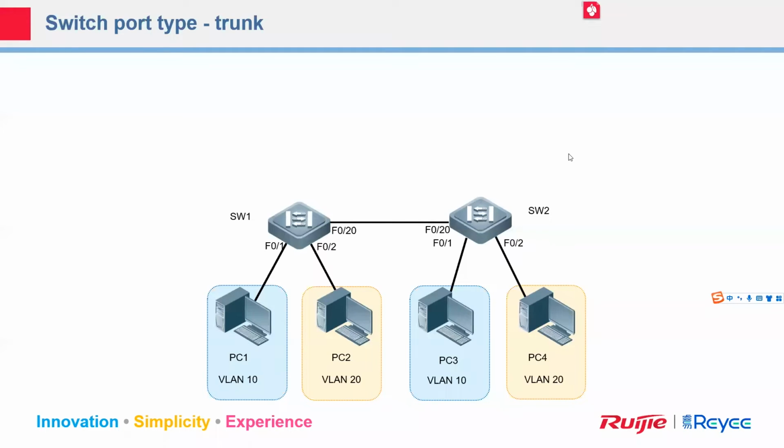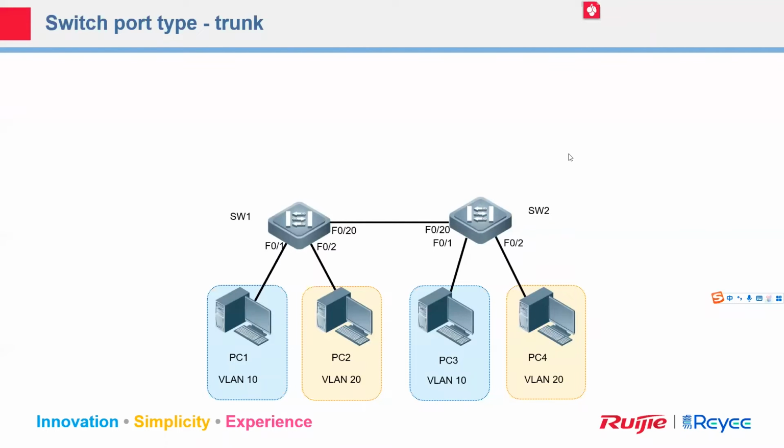Actually, the answer should be no, right? With different VLANs, no. With the same VLAN, can they communicate with each other or not, if we only have access interfaces? Yes? Okay, I see so many answers are yes, right?